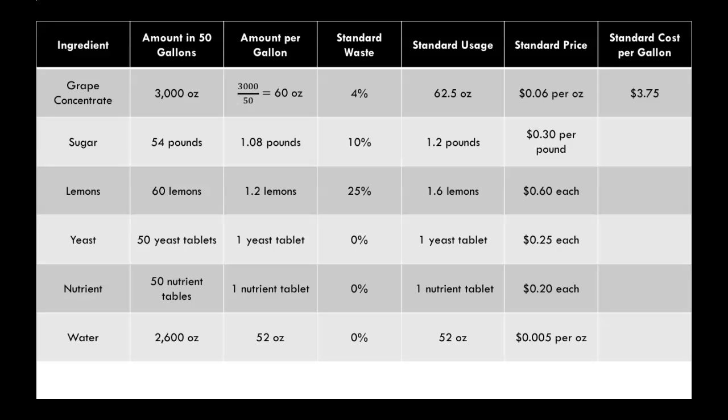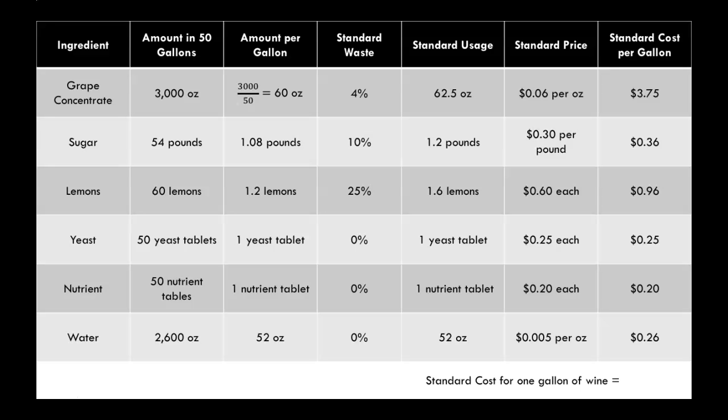Then we multiply out for the others. Sugar, 1.2 pounds times 30 cents. Lemons, 1.6 lemons times 60 cents. And when we multiply all those out, we'll get these values as our standard cost per gallon for each individual ingredient. Then we need to find the standard cost per gallon for the entire recipe.